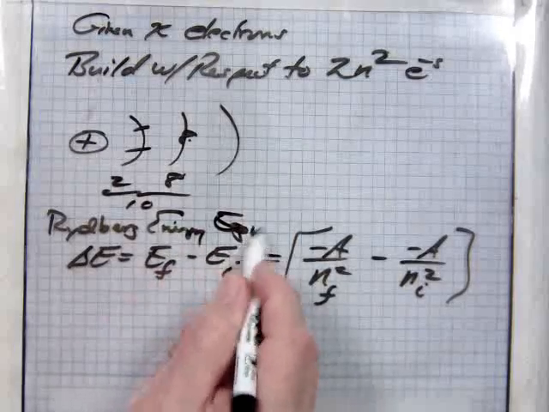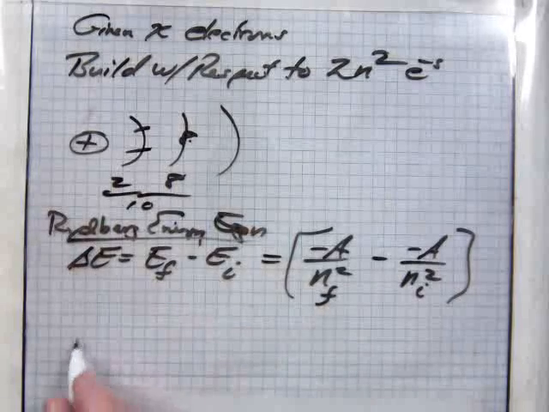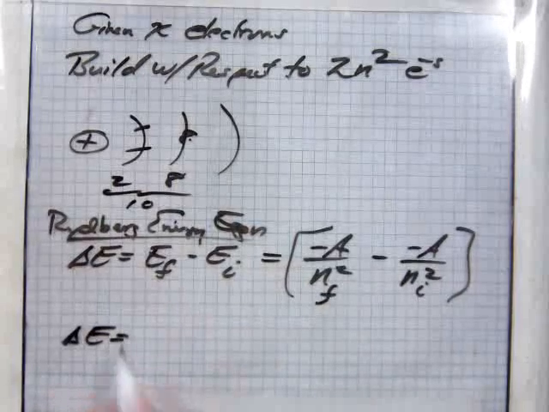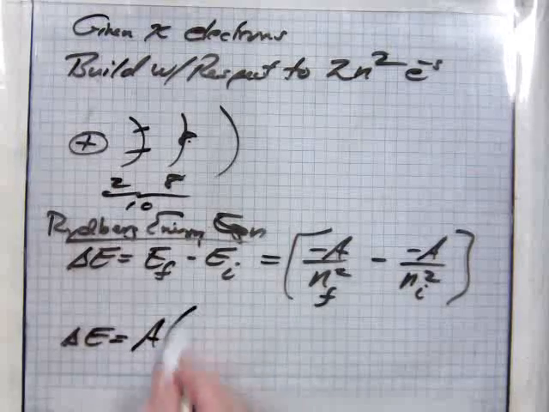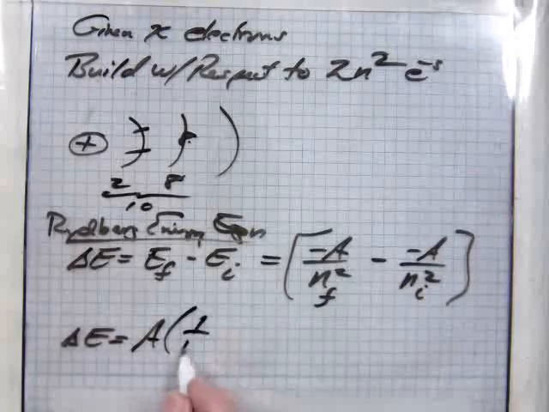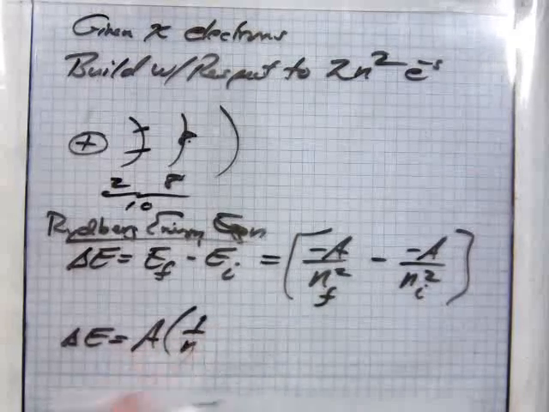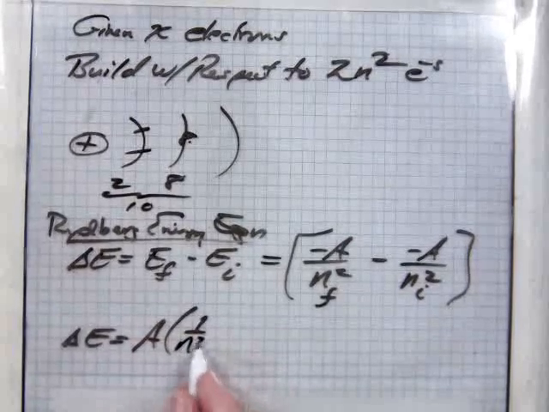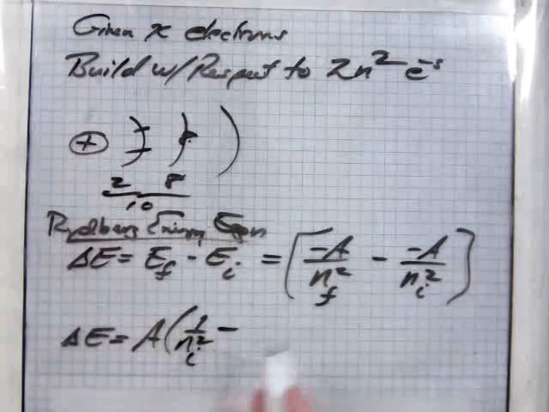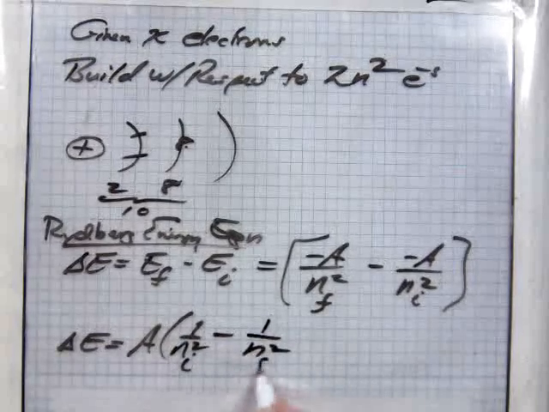Now you can go into the book and see how this is manipulated, but it works out to delta E equals A times 1 over n squared initial minus 1 over n squared final.